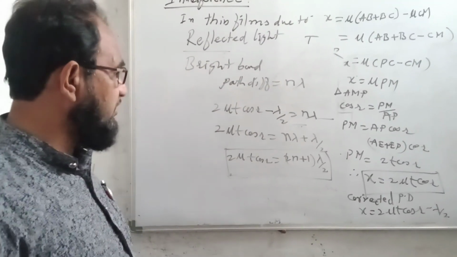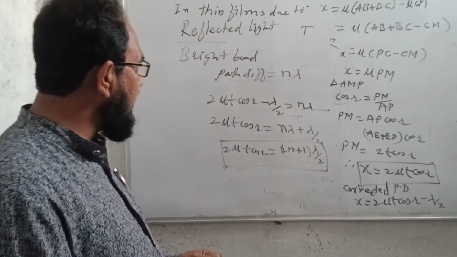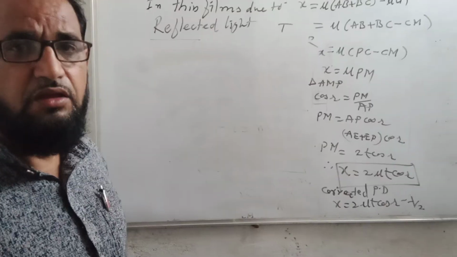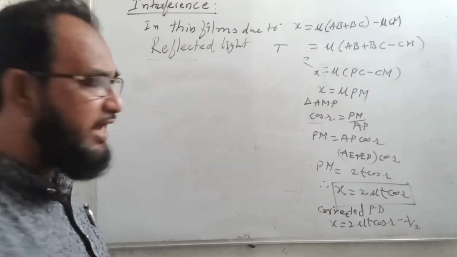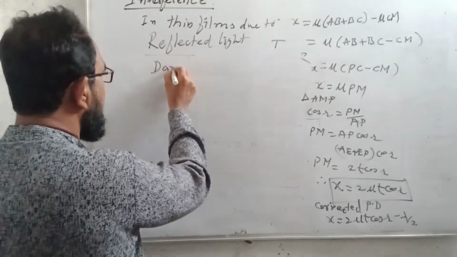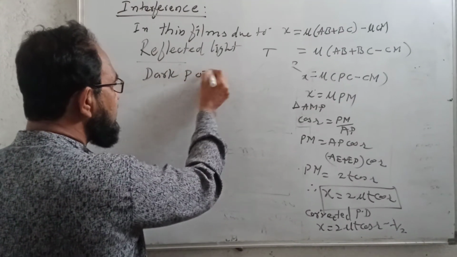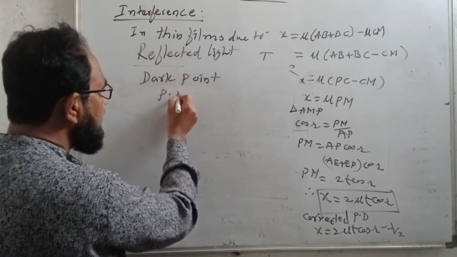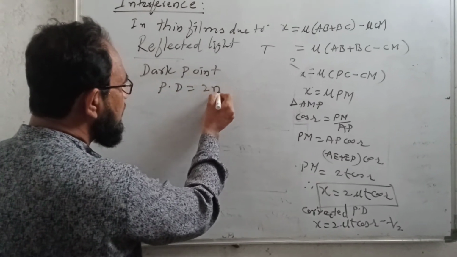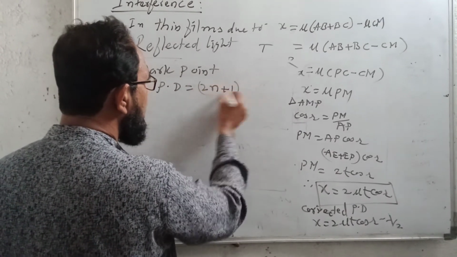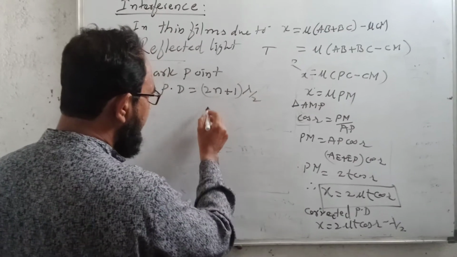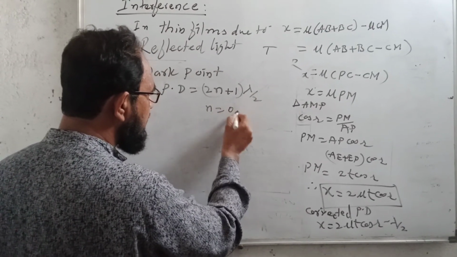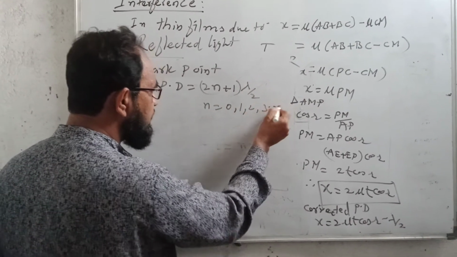Suppose here the point is to be a dark point, the condition is that path difference should be equal to 2n plus 1 lambda by 2, where n varies from 0, 1, 2, 3 and so on.